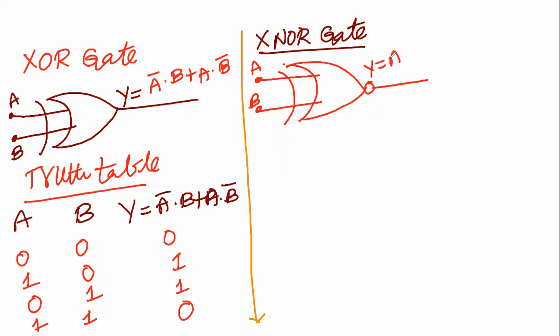Y is equal to A complement into B complement plus A into B. Then the truth table. This is the last.